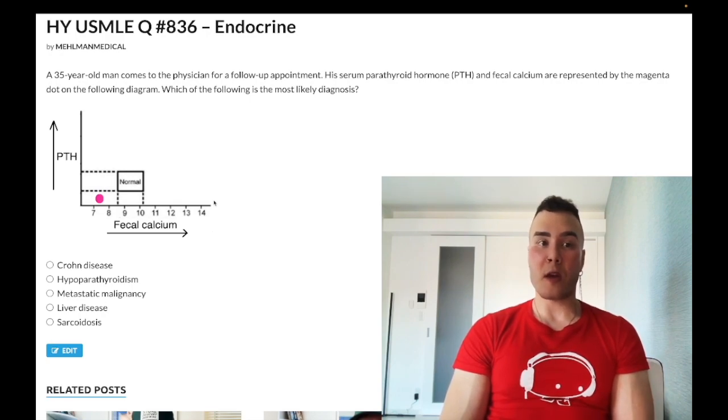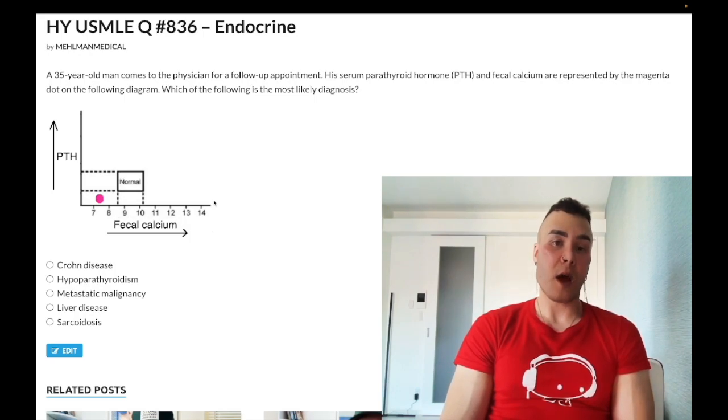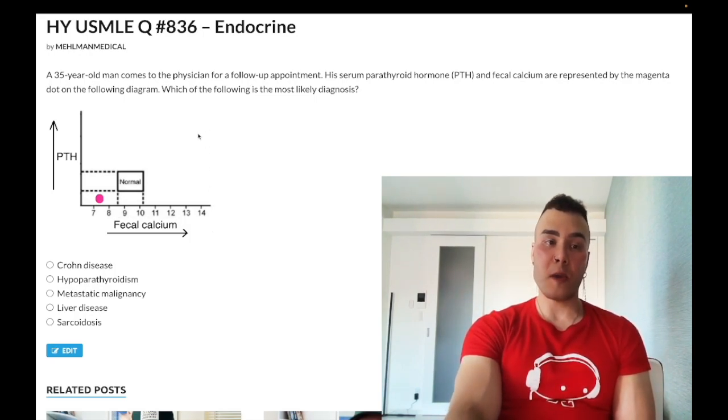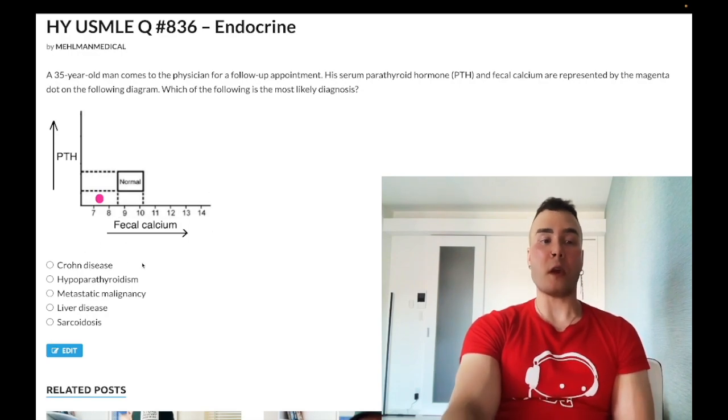And if we have impaired calcium absorption, we could conjecture that PTH could go up to compensate. So if anything, the dot could be up here. I would say in reality, the dot would be normal PTH with increased fecal calcium in Crohn's disease. I'd place the dot right over here.